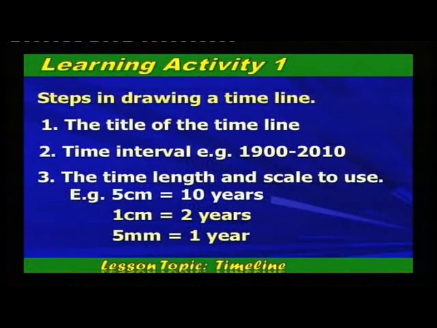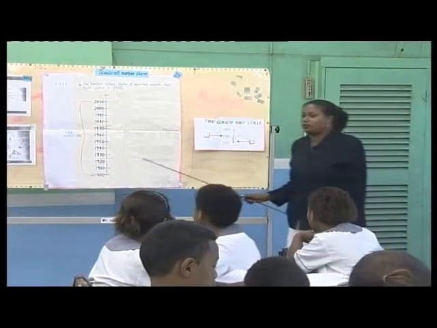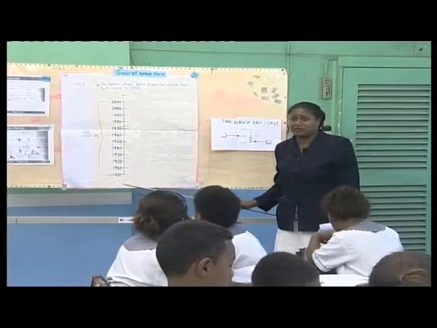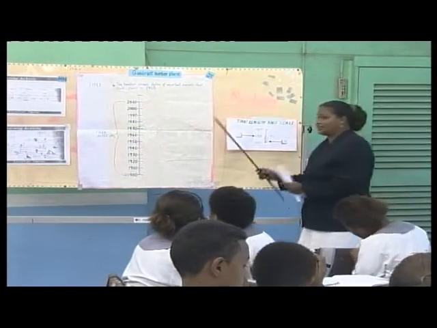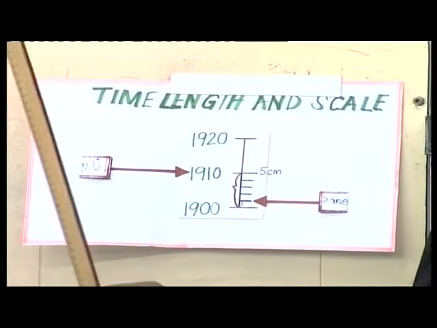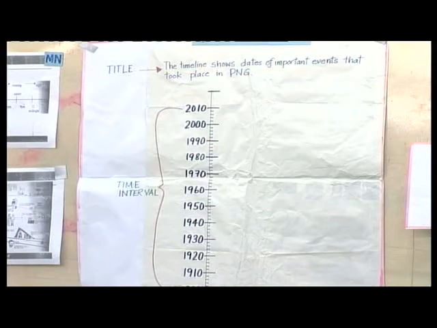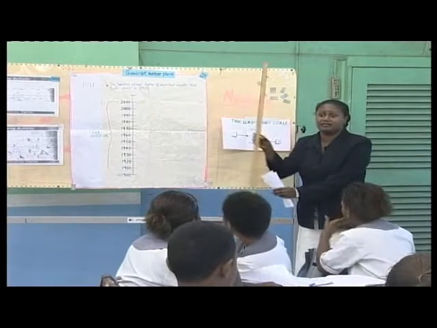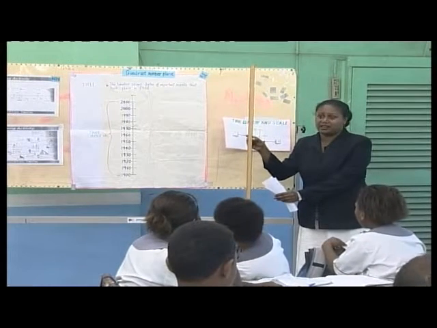All right, good. Then the next thing you must have on the timeline when drawing is the time length and scale. Time length is when we are trying to scale the number of years against a centimeter ruler. For example, here in drawing this, I used a 100 centimeter ruler, which is also known as a 1 meter ruler.